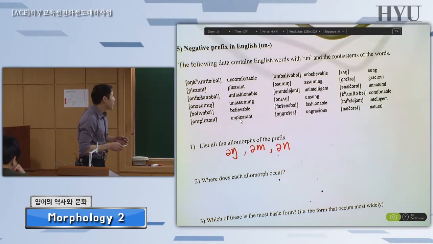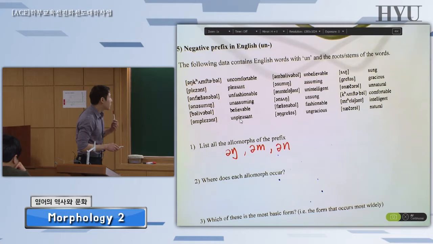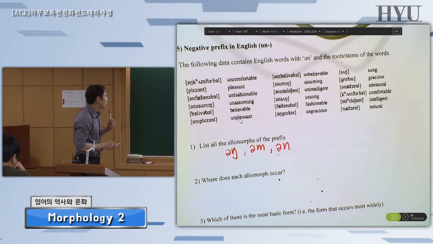Let's see. What about, which one is it? Here. Unnatural. Unnatural, and where's the word natural? Here. Natural and unnatural. Can you compare them?